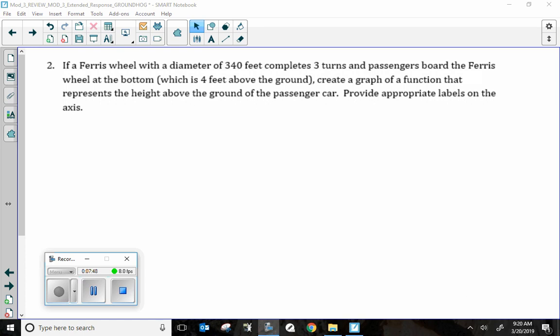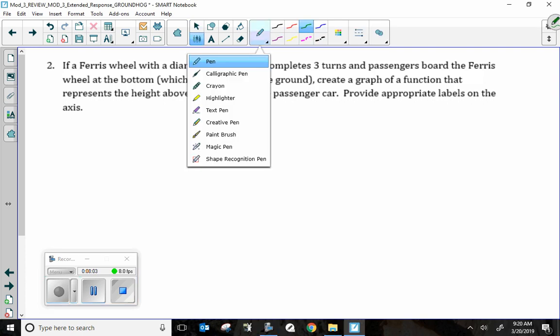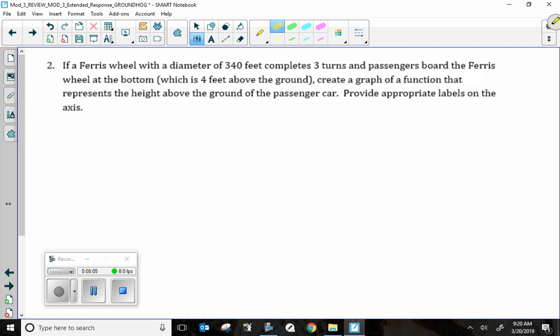On to number 2. If a Ferris wheel with a diameter of 340 feet completes 3 turns and passengers board the Ferris wheel at the bottom, which is 4 feet above the ground. I want to start highlighting all important information here. Ferris wheel, a diameter of 340 feet, completes 3 turns, and passengers board at the bottom.